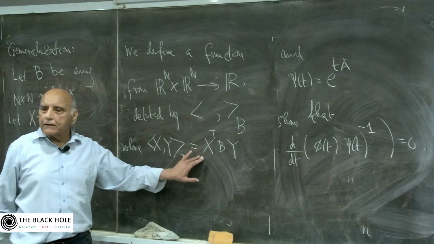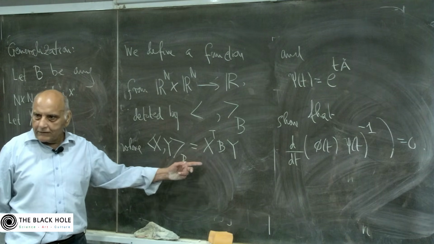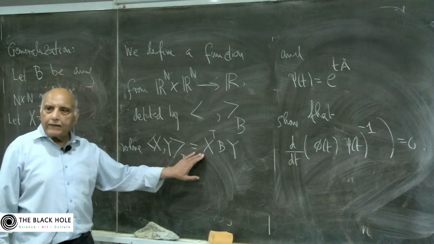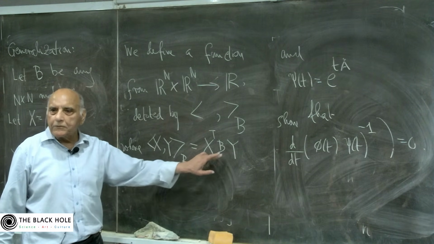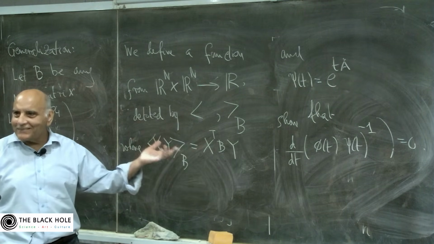So what is it? Is it a scalar? It's a scalar, right? This is 1 by n times n by n times n by 1, which will be a 1 by 1 matrix, and that is a scalar.